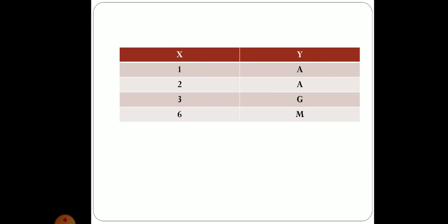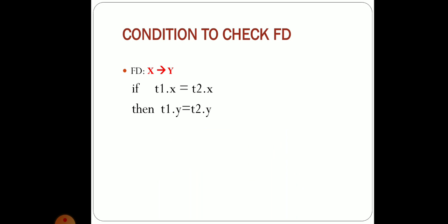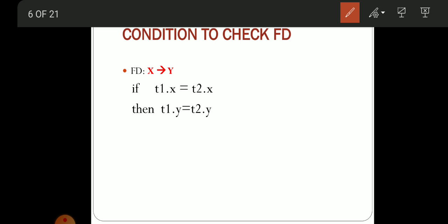Now the next example. Now we have to understand the condition. We have seen a lot of examples, 3 examples. Now we have to understand the condition by which we find out whether a functional dependency exists or not. So this is the condition. Here we have taken tuple 1. T1 means tuple 1, we are talking about the first row.